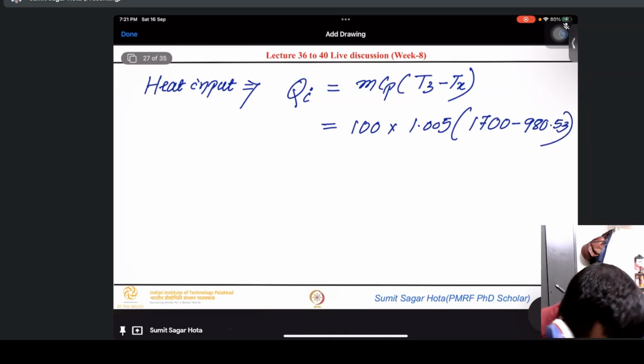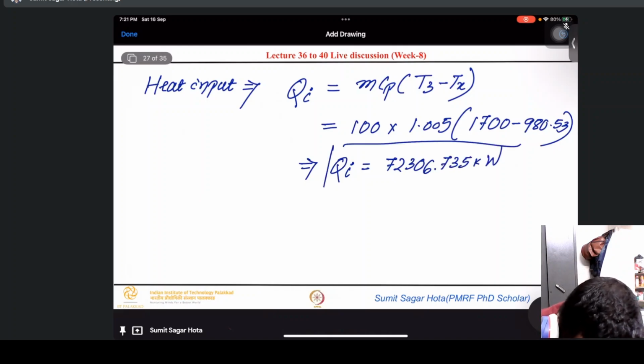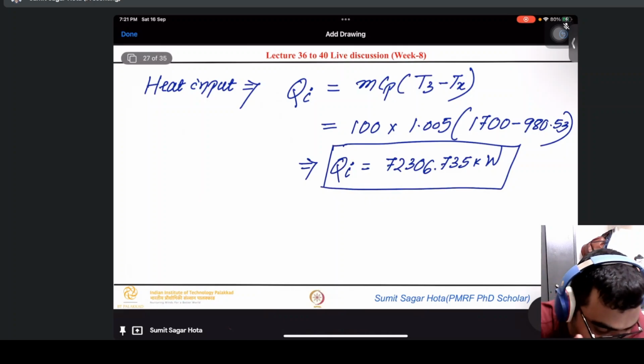Now we found out. So what is Qi? 72306.735 kilowatt. Okay.